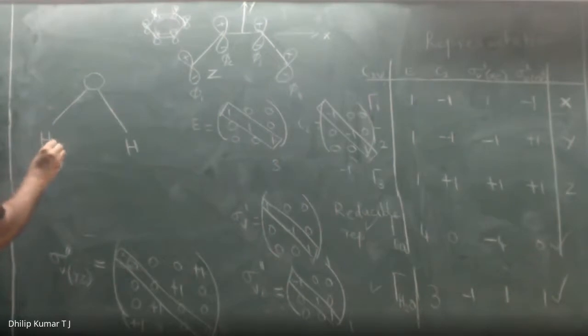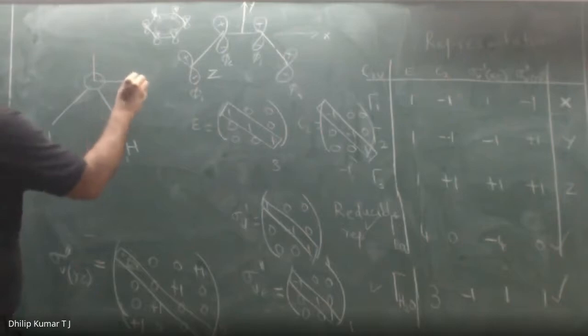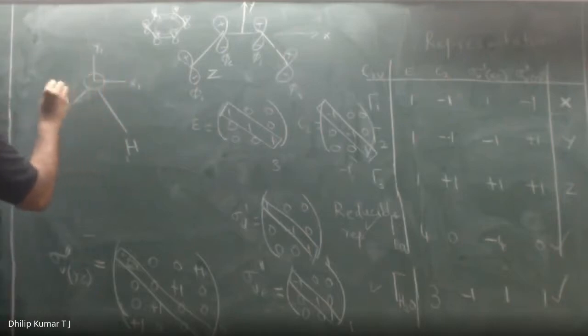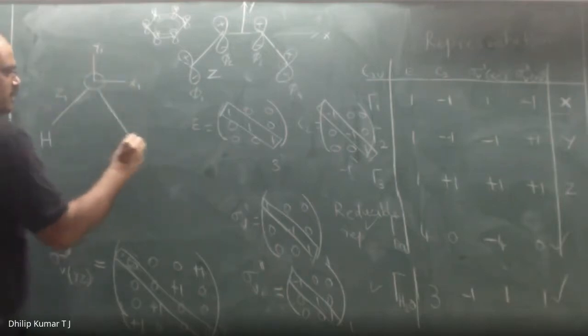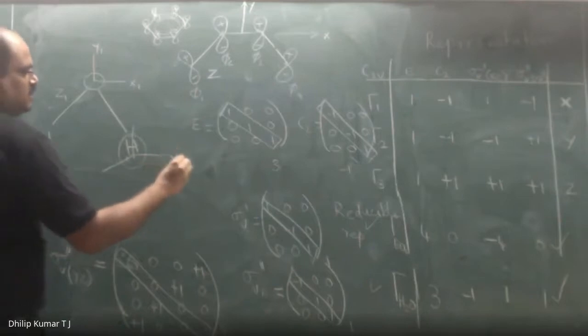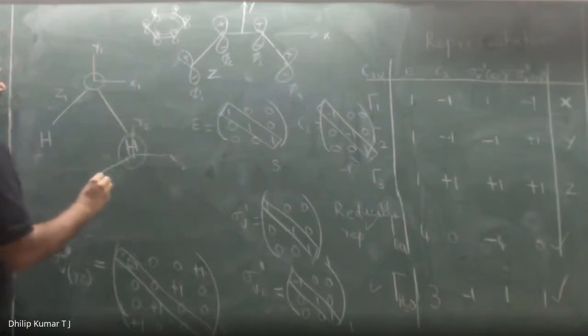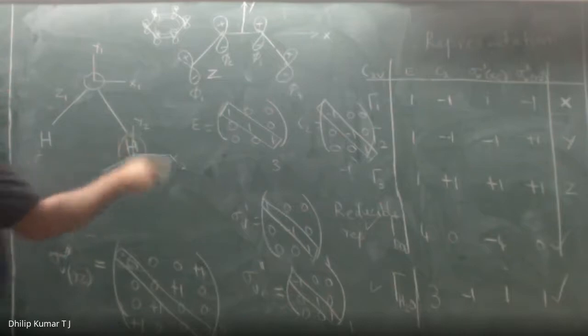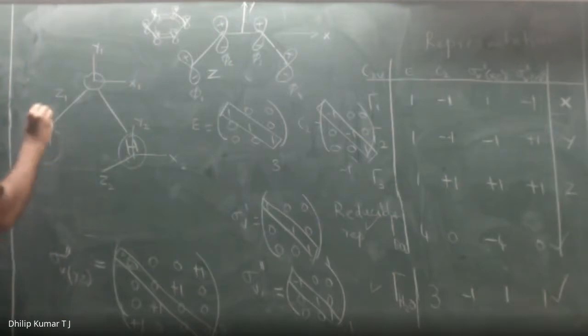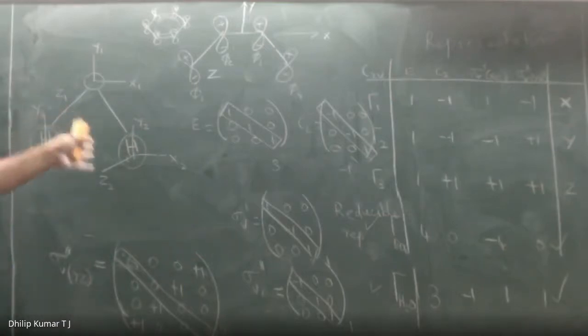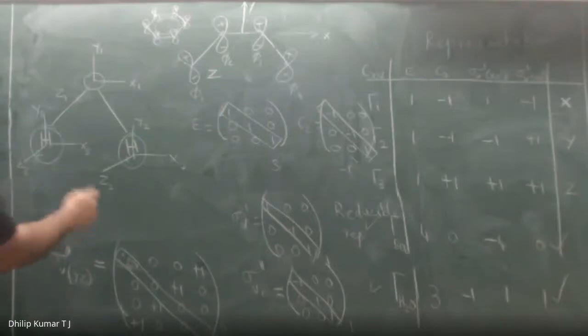For each hydrogen atom I can give 3 Cartesian coordinates. If you consider this as a basis, then you will get a 9 by 9 matrix.